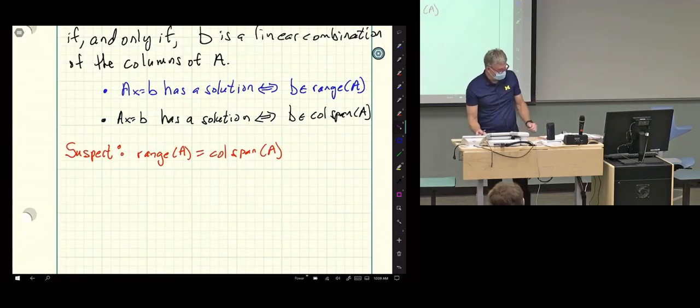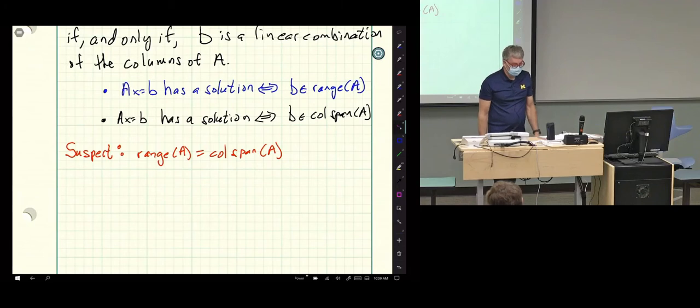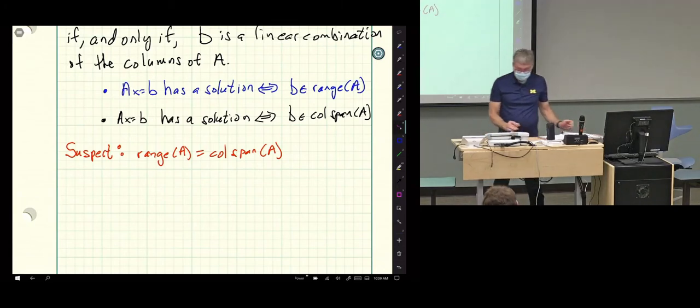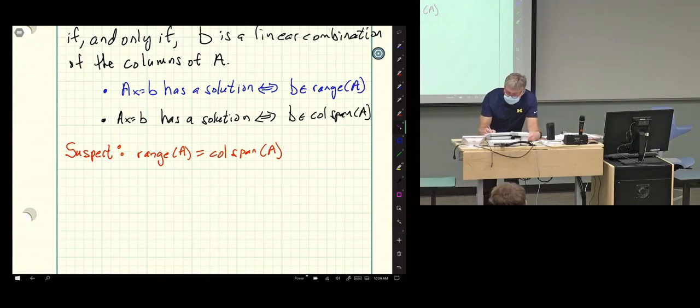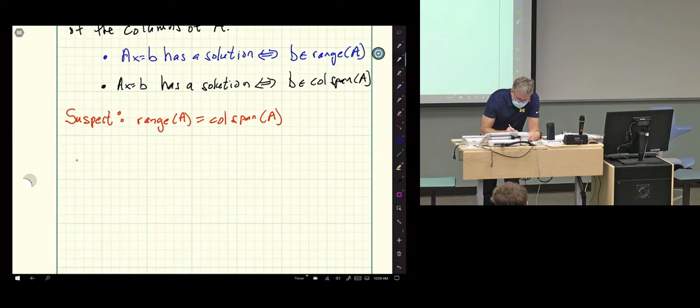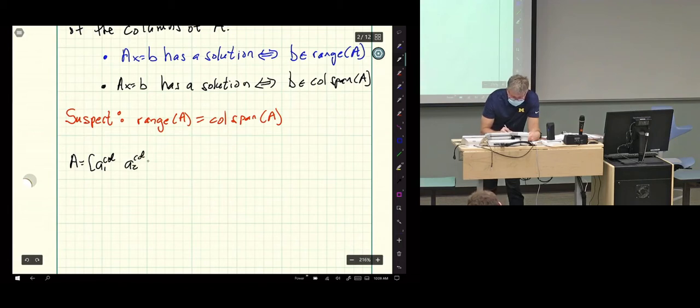We suspect range of A is equal to that, so let's just check. So let's do A. Once again, we write it as A1 column, A2 column, AM column.